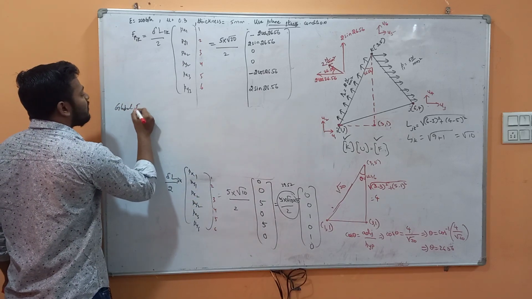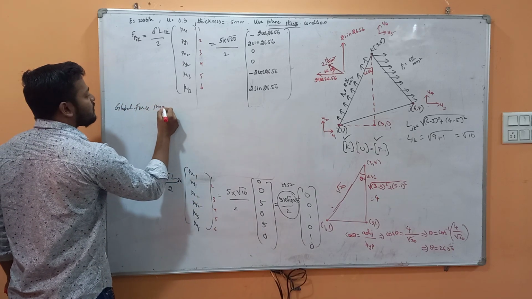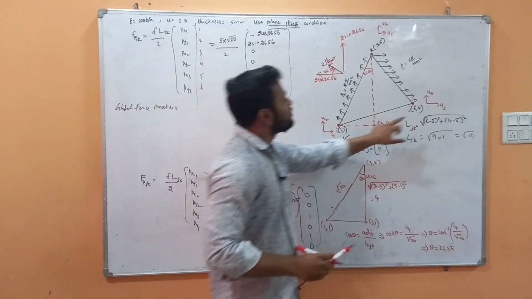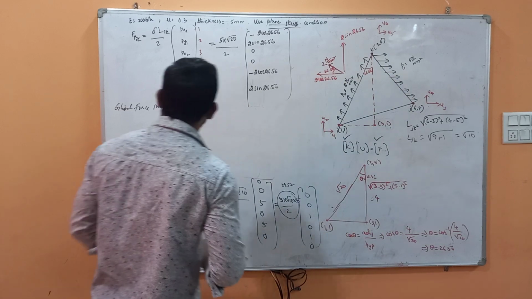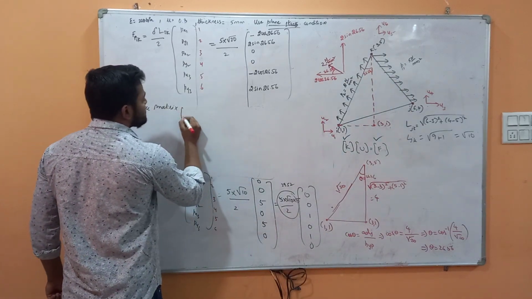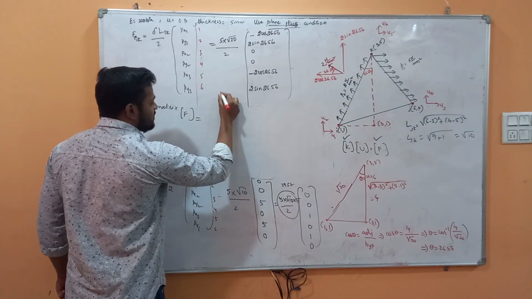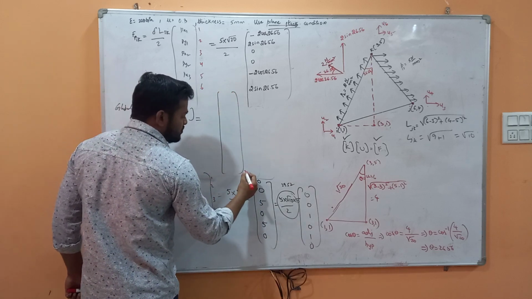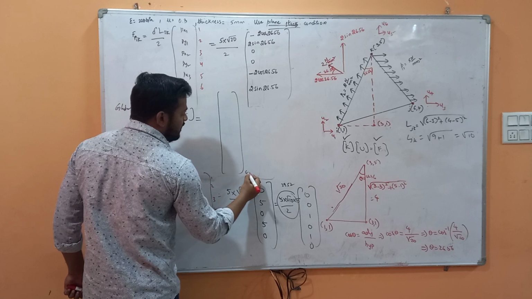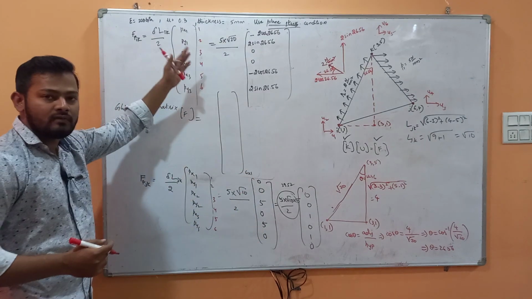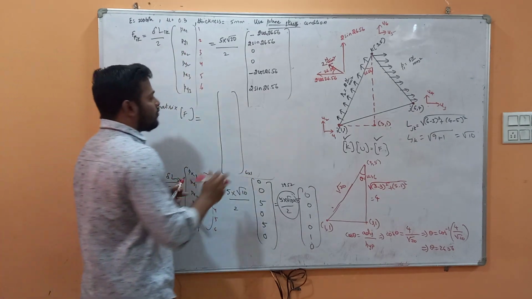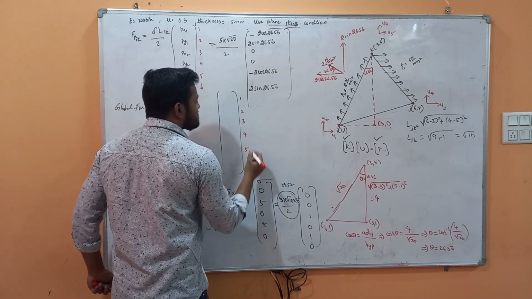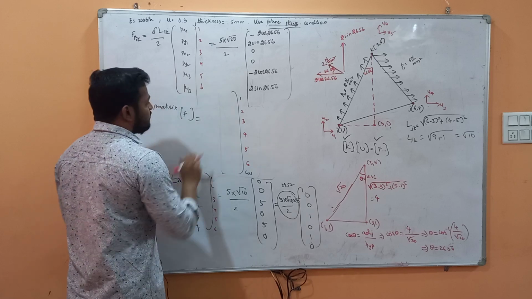It is going to have 6 rows, because we have 1, 2, 3, 4, 5, 6 displacements, and 1 column, because a force matrix is always a column matrix.